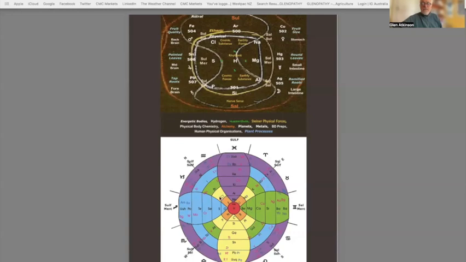And if we want to work with these processes indicated in the top picture, we can work with them at an etheric level, an astral level, and also a spirit level. So we're gaining a lot of information about how the whole of chemistry can be understood and used.